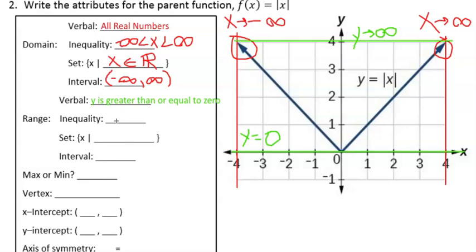For our inequality notation, we'll write this with symbols. We'll have y is greater than or equal to 0.